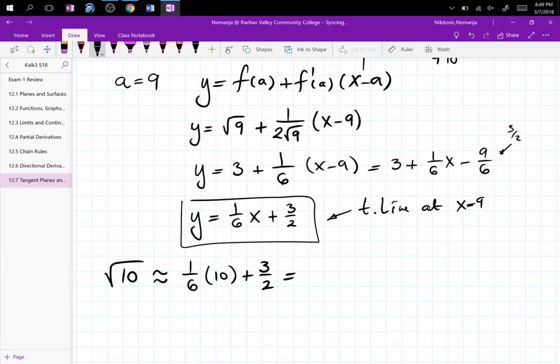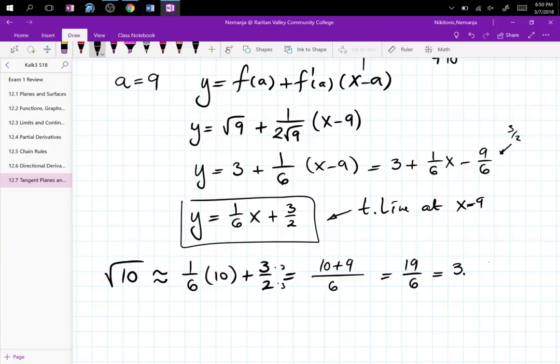So now what do I have? I have 10 over 6. When you cancel that, you get 5 thirds plus 3 halves. I should have left it as 6 and just found the common denominator. Yeah, let's do that. So it's going to be common denominator 6. 10 plus 9 is going to be 19 over 6, which is 18 divided by 6 is 3, so this is 3 point, and then you have 1 as leftover, so it's 1 over 6.